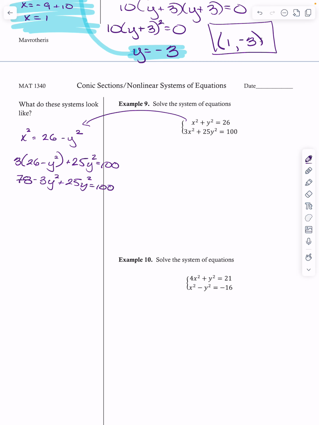Now, let me show you why we're not going to get something that looks too terribly different if we just multiply the top equation by -3. When I do that, I'm going to get a -3x squared minus 3y squared equals -78. When I add, I have 25y squared minus 3y squared, the 3x squared's canceled, equals 100 minus 78, so 22.